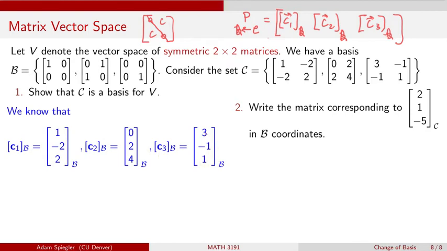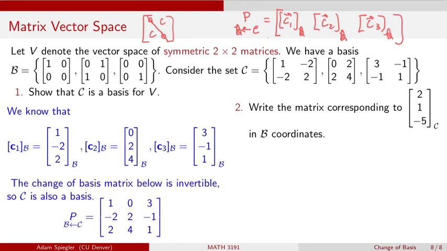And now that we have these three vectors, namely C1, C2, and C3 written with respect to B coordinates, we can now set up the change of basis matrix from basis C into basis B. That matrix is going to have first column 1, minus 2, 2. That comes from writing C1 in terms of B coordinates, and then 0, 2, 4. And finally, the third column is 3, minus 1, 1.